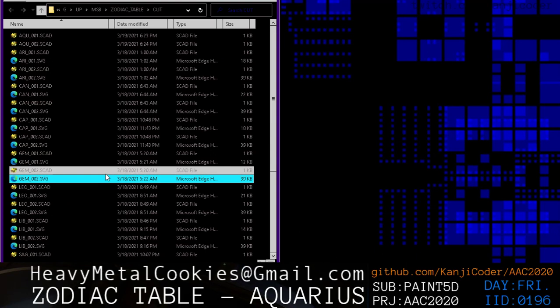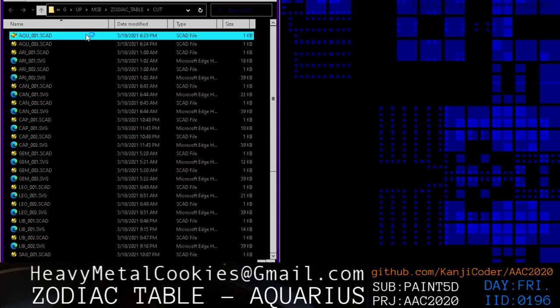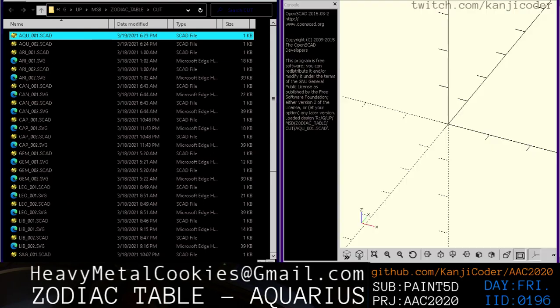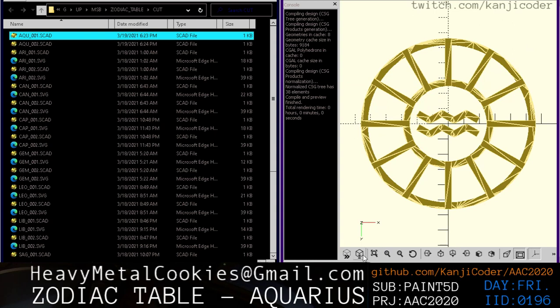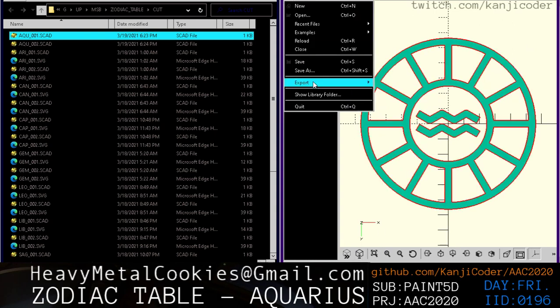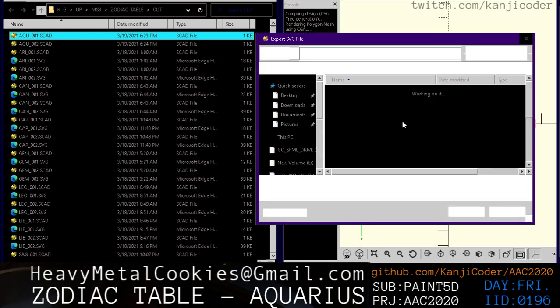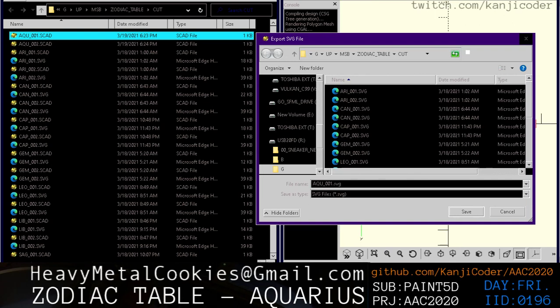So let's find the Aquarius file. Here's Aquarius right here at the top. We're just going to open it, and we're going to take the contents and dump it into SVG. So zoom out, render it, file, export to SVG, Aquarius1.svg, save that.